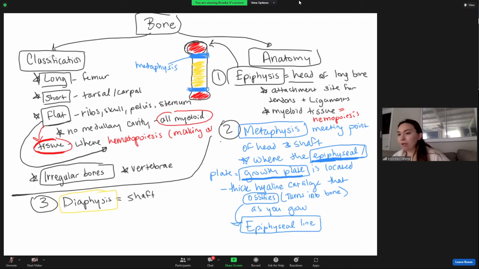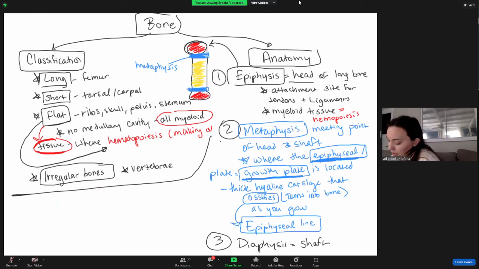Okay. All right, so continuing on with the anatomy of the long bone. We have some more terms or structures that we talk about. Let me see if I can get this down here and fit some more. So diaphysis, shaft. So we talk about the articular cartilage.